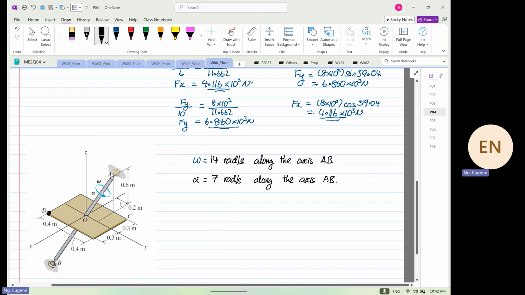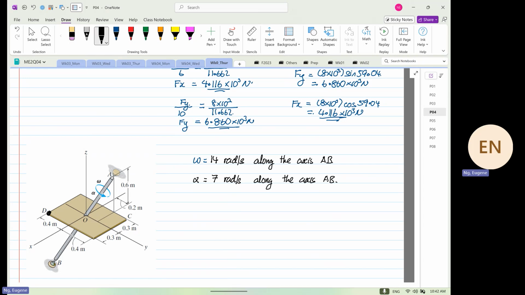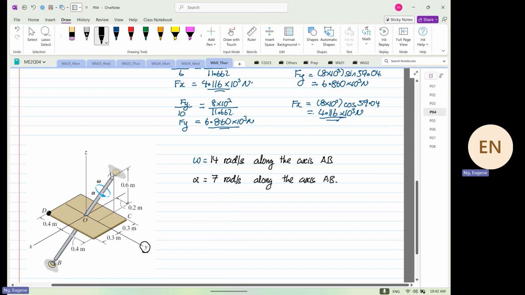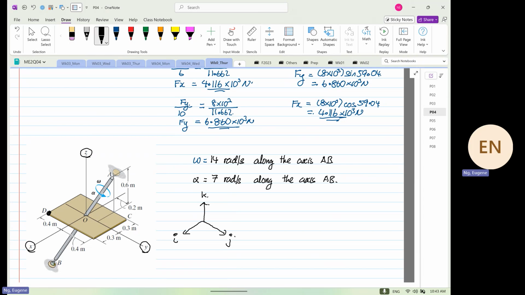So the first thing that we're going to do is look at the transformation that they're giving to us. They call this X, Y, and this is Z. So if we were to draw our transformation, X will be our I, Y will be our J, Z will be our K. You have to watch for the transformation; it is important.